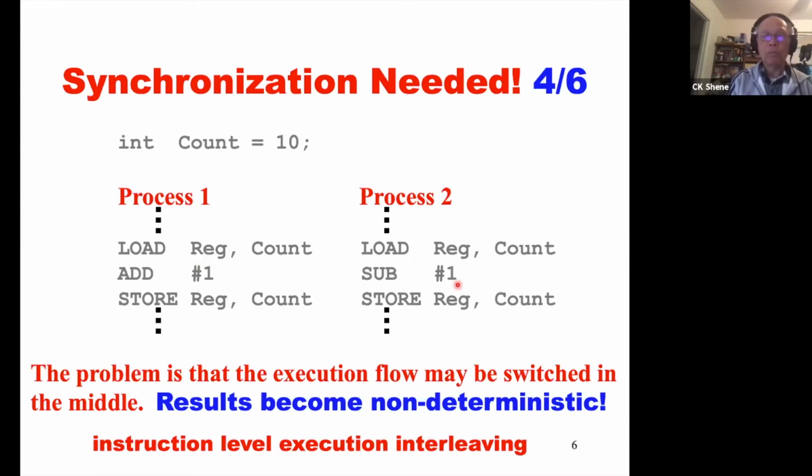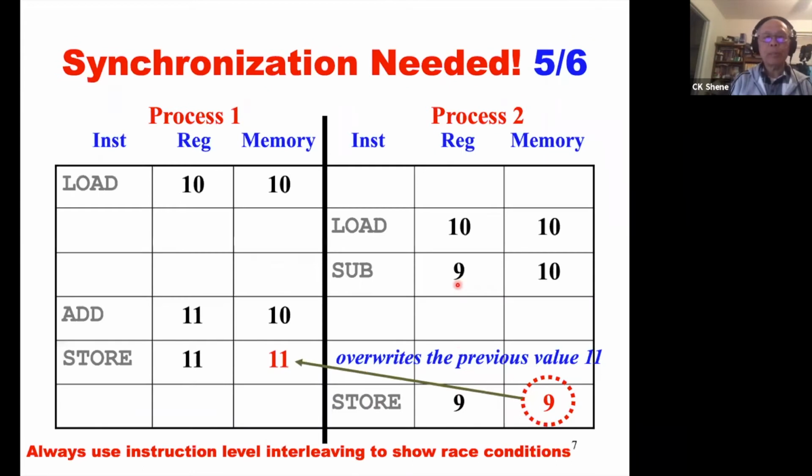So let's see what would really happen. This table is referred to as an execution sequence. This is a simple one. In your exam 1, exam 2, and in your final, you have to present your multi-process or multi-threaded execution this way, that is, using execution sequences.